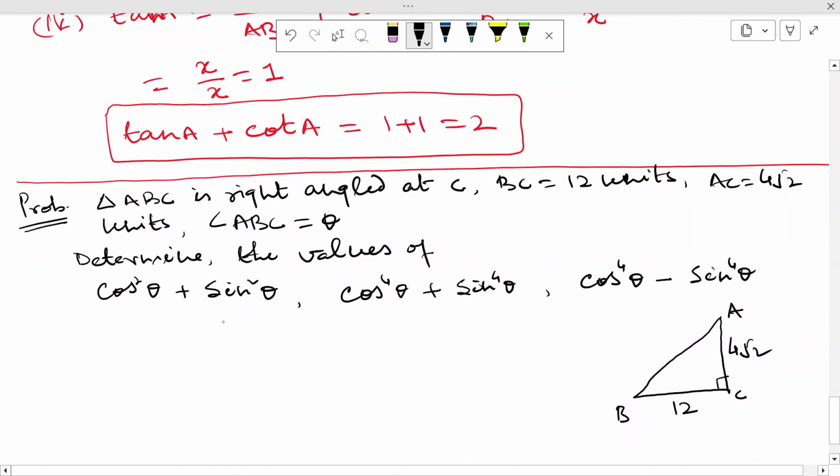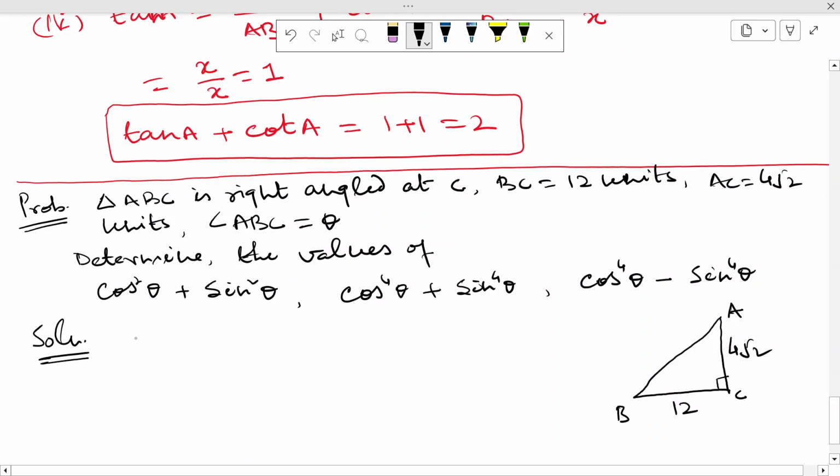Now, we have to obtain these values. So, we know that when we have to calculate the cos of angle theta and sine of angle theta, we have to use the hypotenuse. So, first of all we have to obtain the measure of this side AB. So, let us begin with the solution.